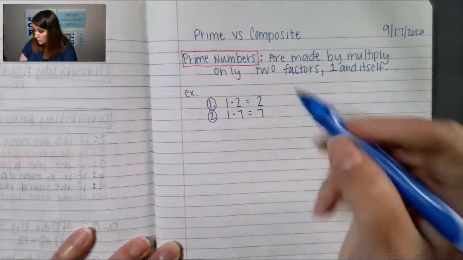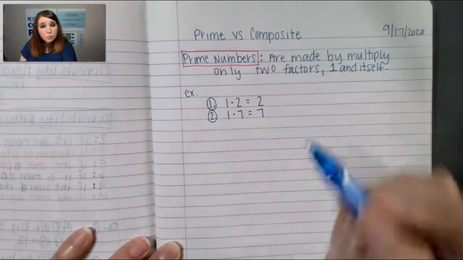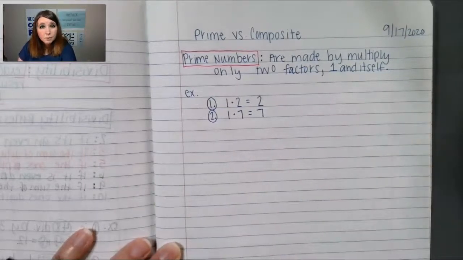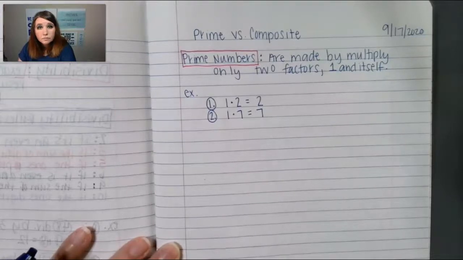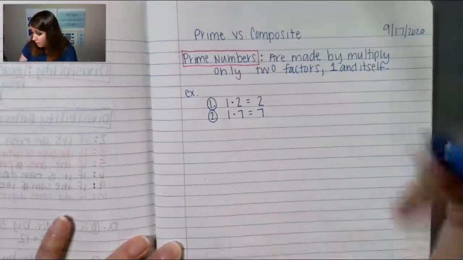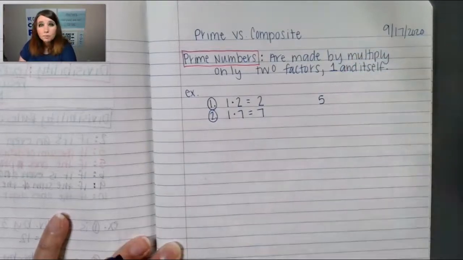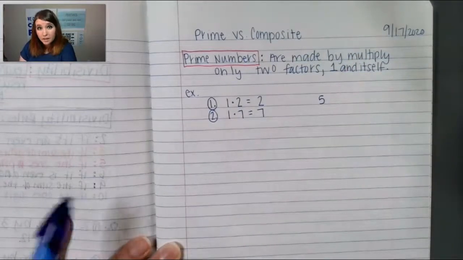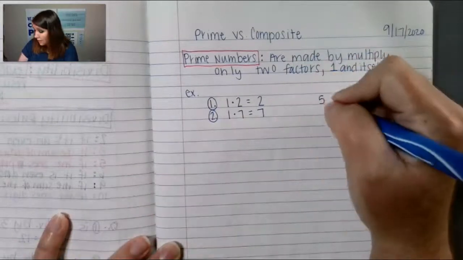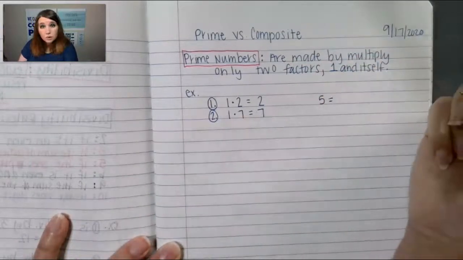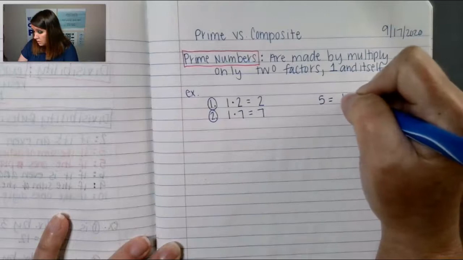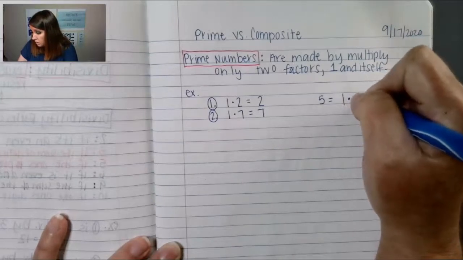So 2 is prime, 7 is prime. Can you think of any other prime numbers? 5? Yeah, 5 would be a prime number. 5 is totally a prime number. 5 is prime because you get 5 by doing 1 times 5.